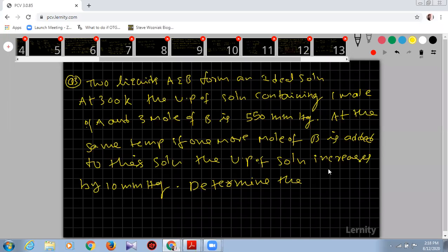Determine the vapor pressure of A and B in their pure states, in mm of mercury.